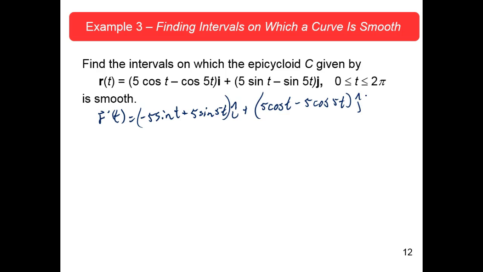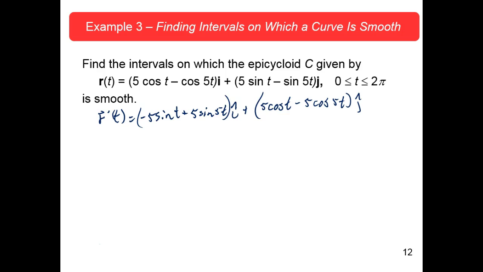Now, reminding ourselves again, at the top of the page, the parameterization is smooth on an open interval I when f prime, g prime, and h prime, this one doesn't have an h prime, are continuous on I, and r prime of t is not equal to 0.